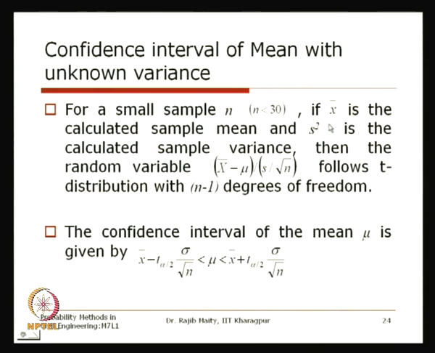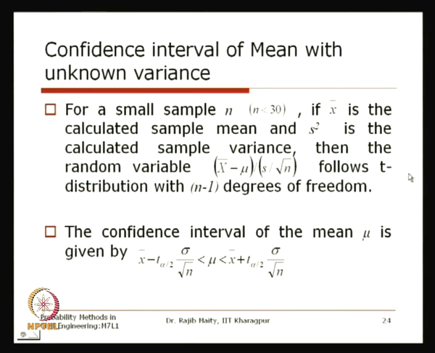Here the variance is unknown, so we also have to calculate it from the sample itself. So instead of following the standard normal distribution, this follows the t distribution with n minus 1 degrees of freedom.